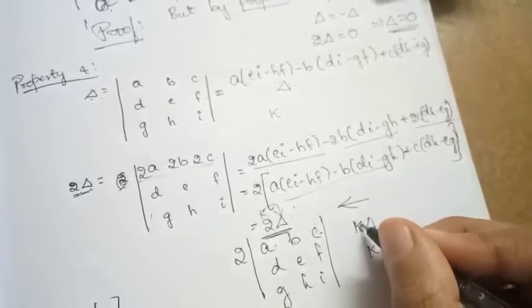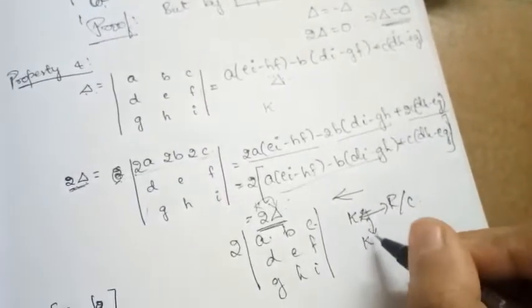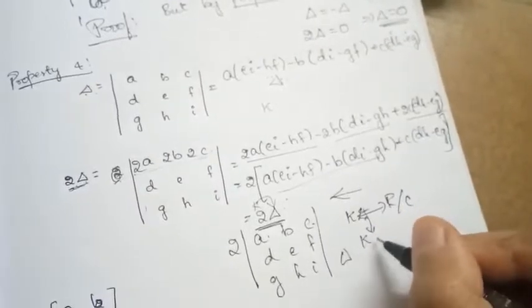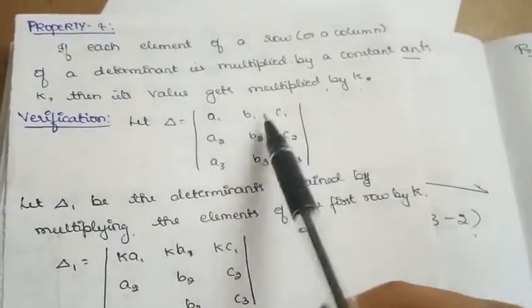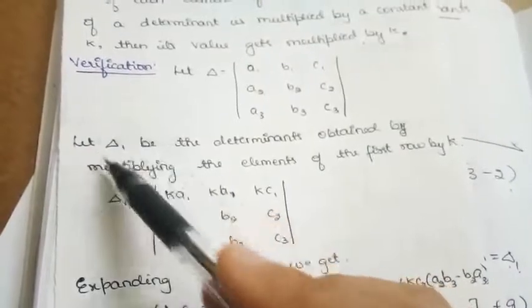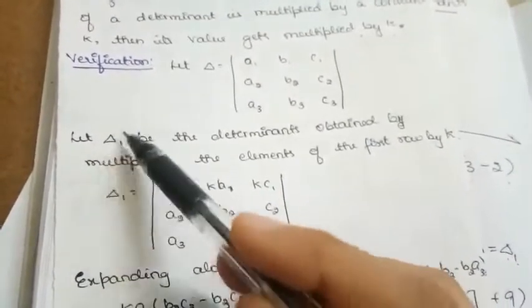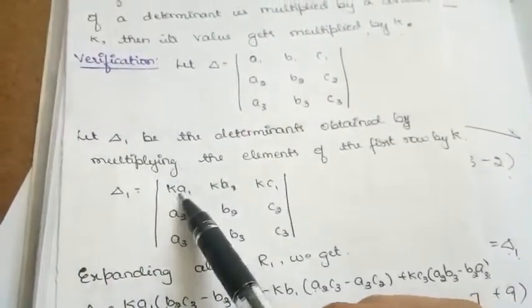If we multiply k to any one row or column, then the value of the determinant becomes k times the determinant. You can see here the verification part. We have considered a determinant A1, B1, C1, A2, B2, C2, A3, B3, C3, and we are obtaining a new determinant delta 1 by multiplying the scalar k to the first row.